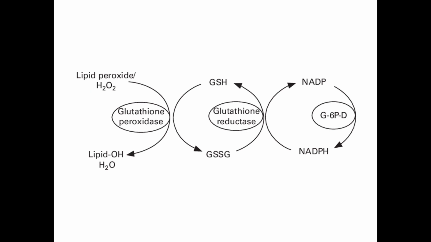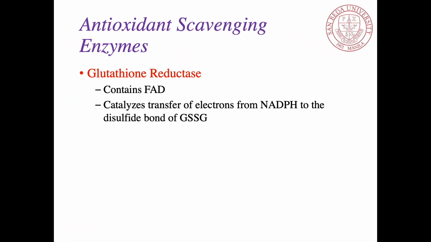Now, there's actually another important enzyme that I have not yet mentioned, and that is glutathione peroxidase. I already talked about glutathione reductase earlier. Another thing about this enzyme is that it contains FAD as cofactor that transfers electrons or reducing equivalents.